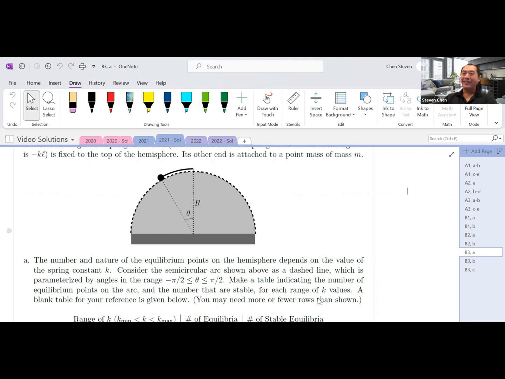What about the case in between, when K is not so small, it's not so big? It means that when you perturb from the top position, it should go down to some extent, right? And after moving down to some angle, we know that the spring has already been stretched for a decent length, right?